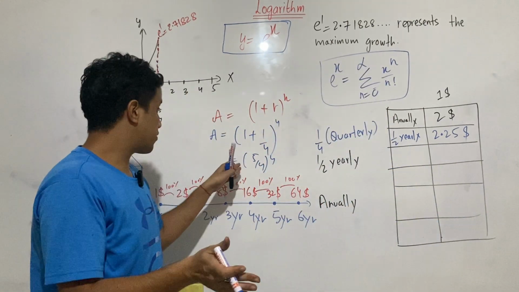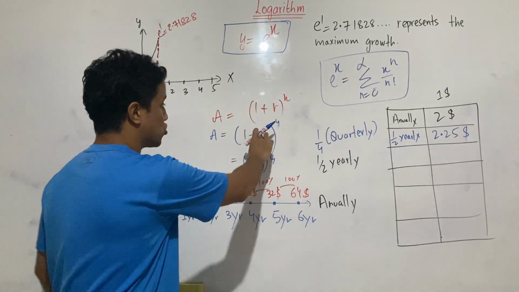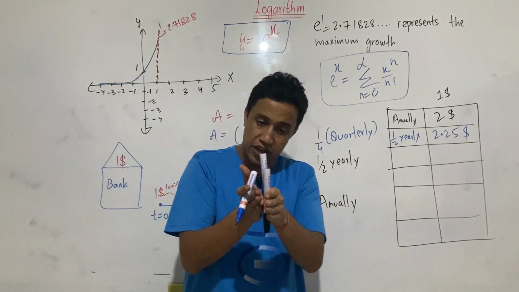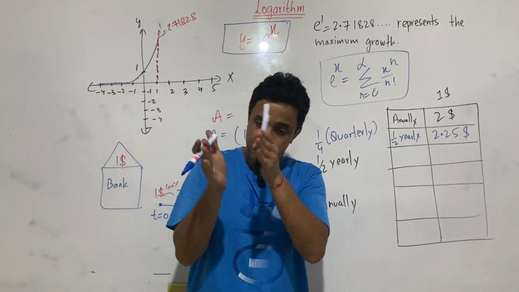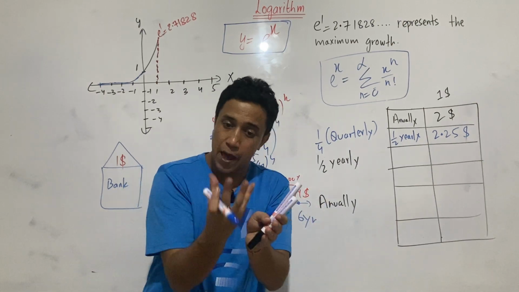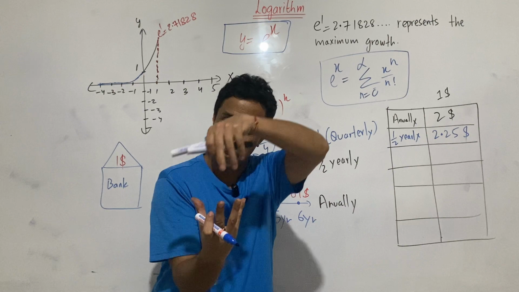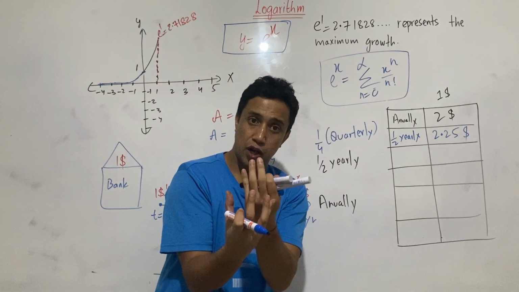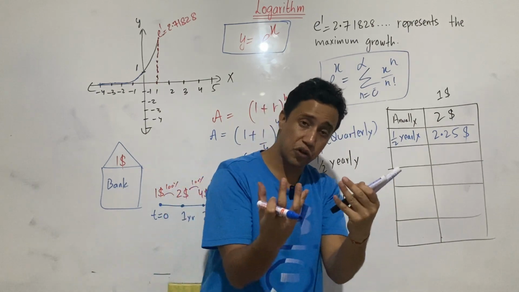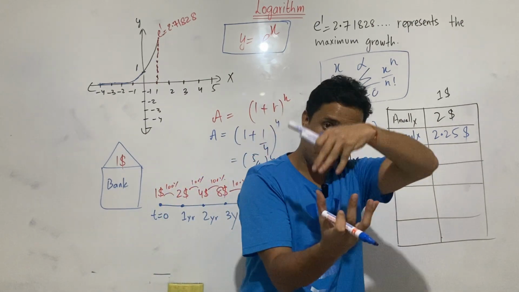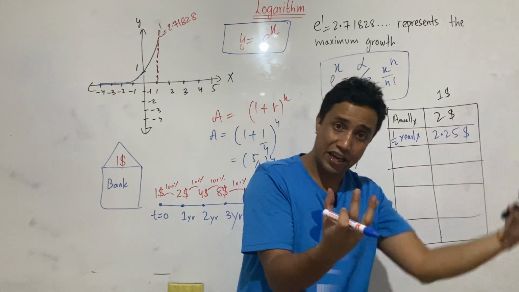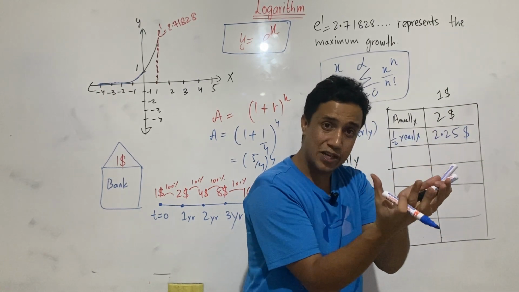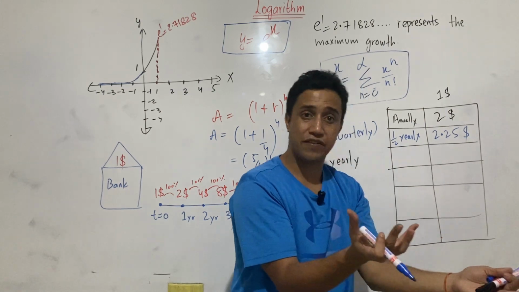See here, what would happen? This is 1 by 4, which means first 3 months 25%. Then that principal amount plus interest becomes the new principal amount, then again 25% on that, then you get a new principal amount, then again 25% on that, then you get a new principal amount, and then you get 25% on that.